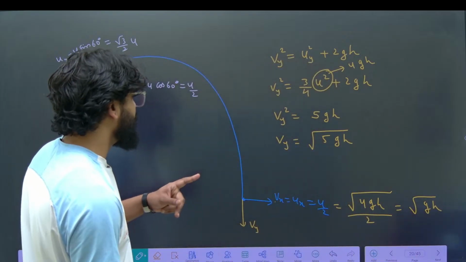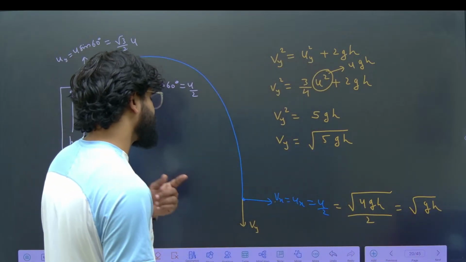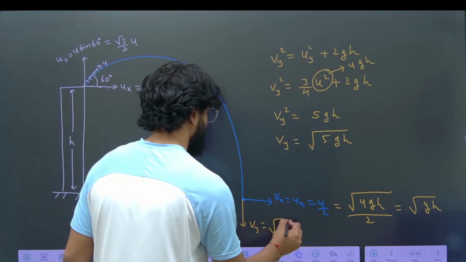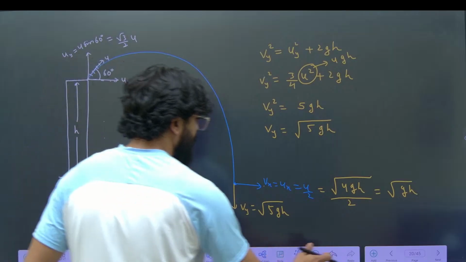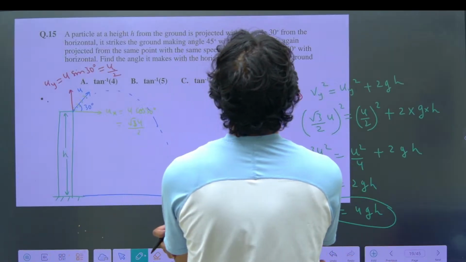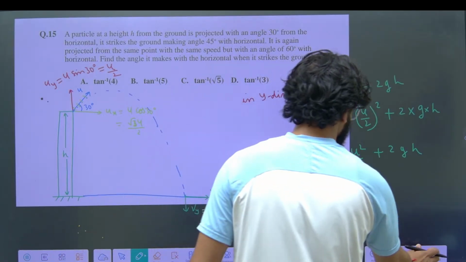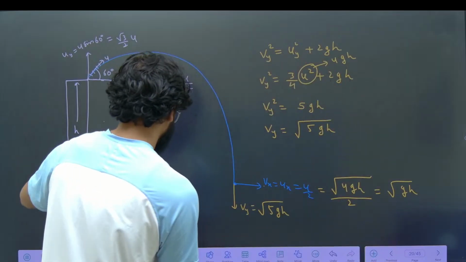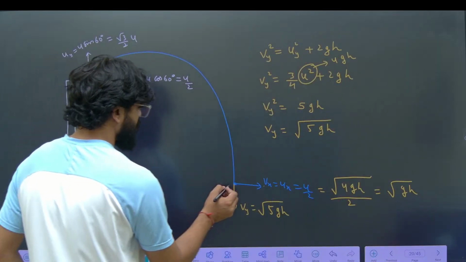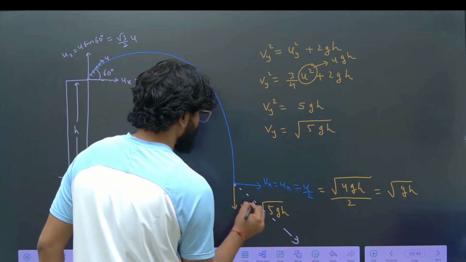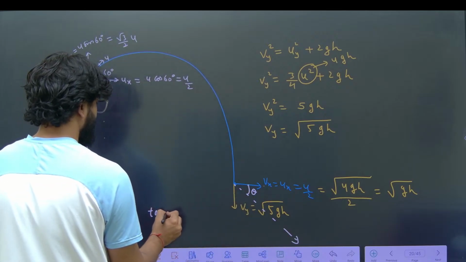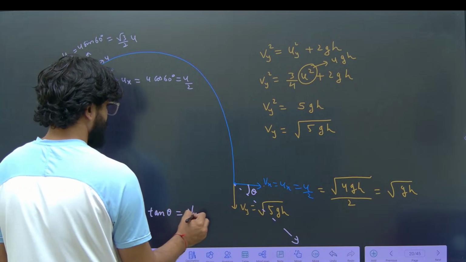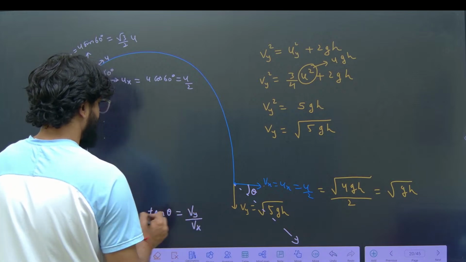So we know the value of Vx, we know the value of Vy. So they are asking angle from where? They are asking with the horizontal. So if this is theta, can we write tan theta equals Vy upon Vx?